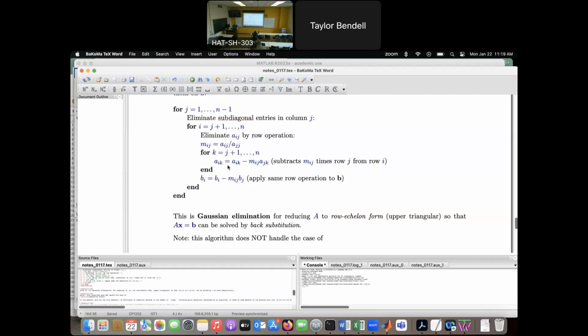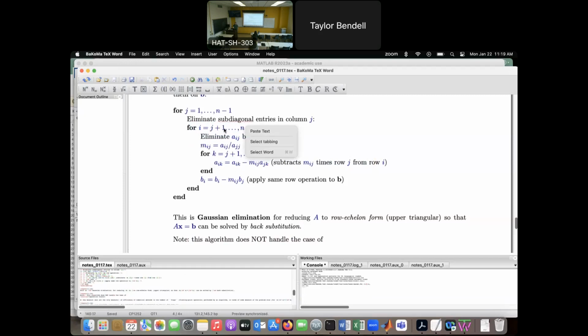The reason is each row operation that we're performing to eliminate entries in column j, I'm talking about this second loop here, I perform row operations on each one of these rows, from j plus 1 down to the bottom. Each of those row operations is independent of the others.